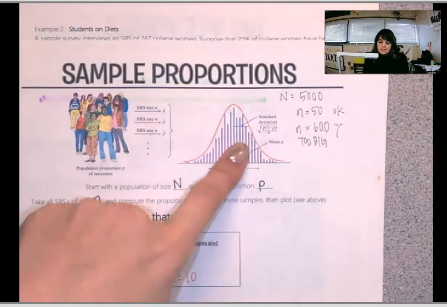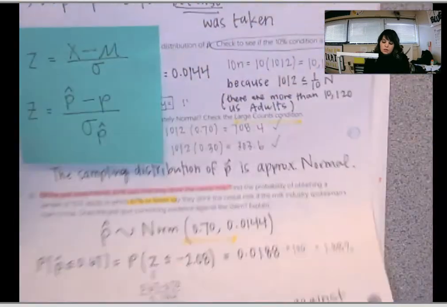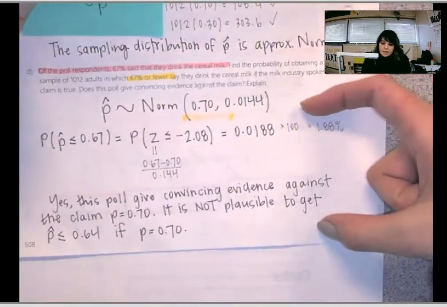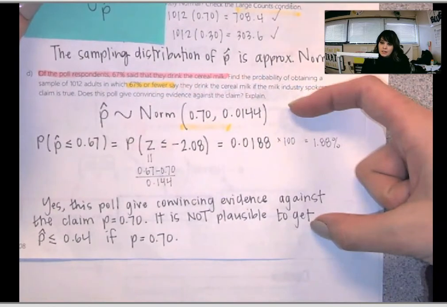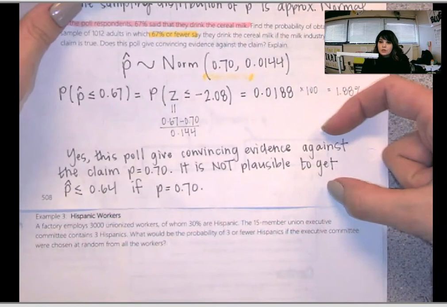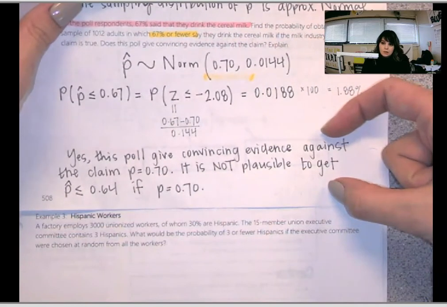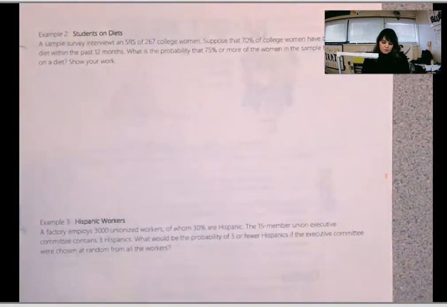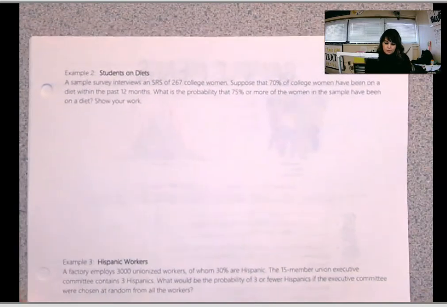We can say this about our distribution. We checked those conditions for one problem. We found a probability in the last problem, and then we actually were able to evaluate a claim using the normal curve. So that leads us into Example 2.